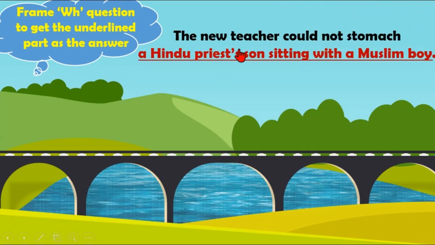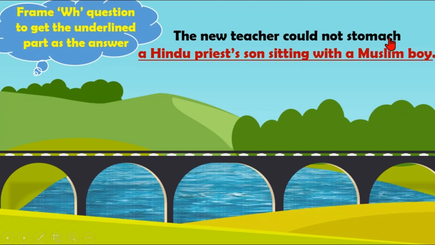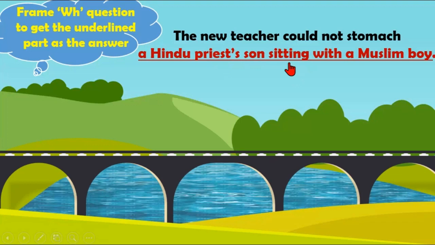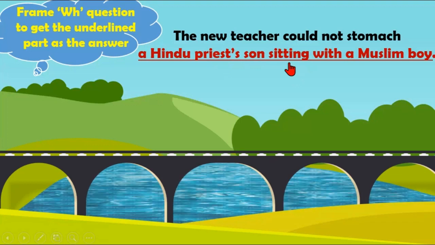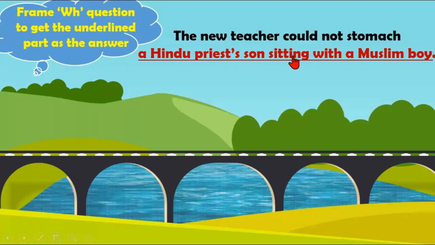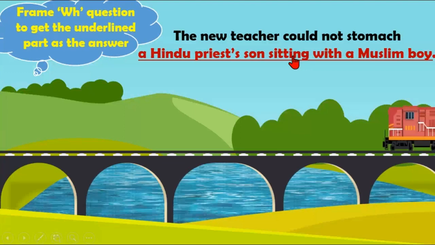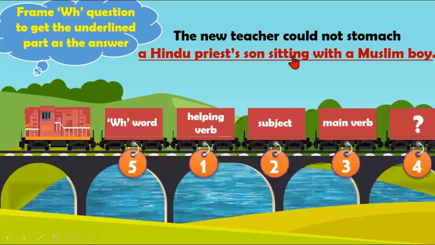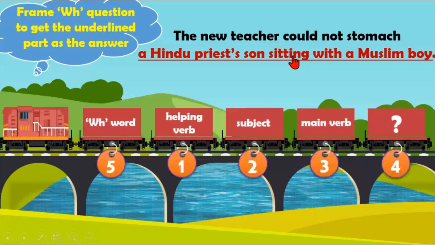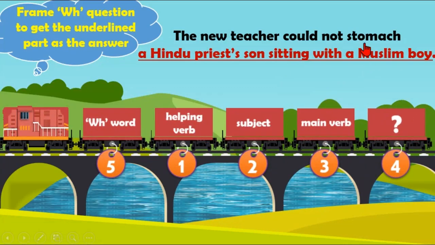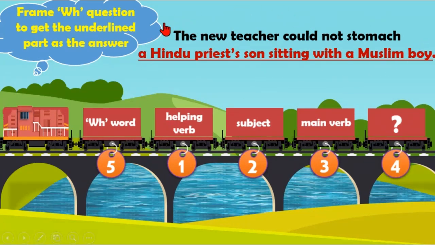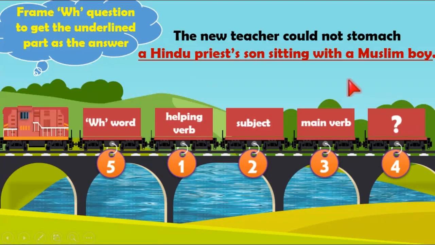Another example: the new teacher could not stomach a Hindu priest's son sitting with a Muslim boy. How can we frame the question for the underlined part? You should find the helping word in this sentence.